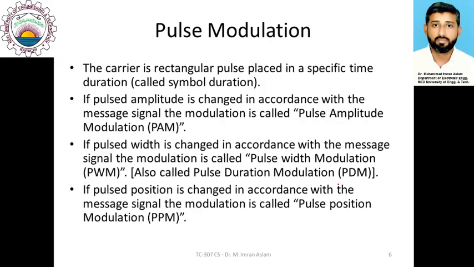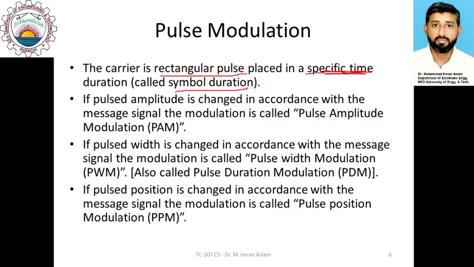So in pulse modulation, the carrier is actually a rectangular pulse. So that pulse is generally placed at a specific time duration, which is sometimes called symbol duration, or when we are talking about a discrete time system, this sometimes becomes the sampling duration.